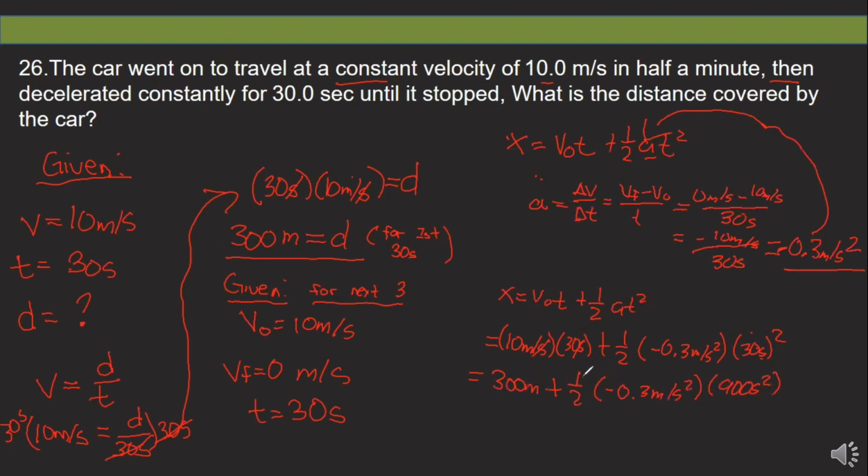Let's multiply 1/2 times negative 0.3, then multiply the answer by 900.